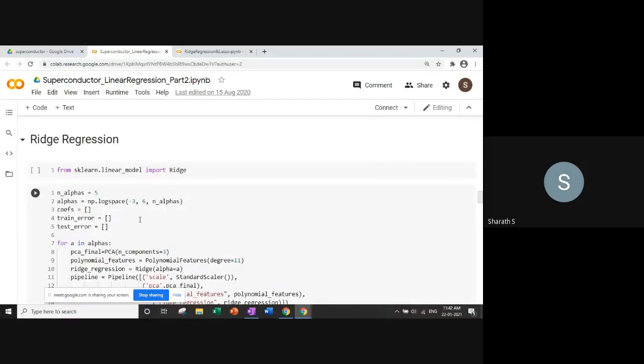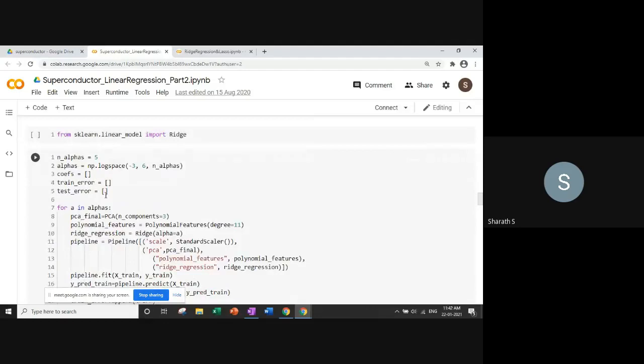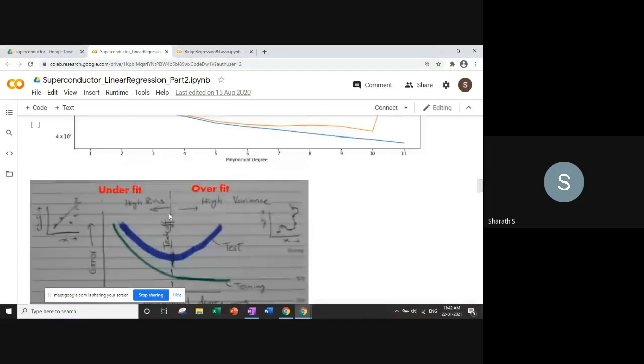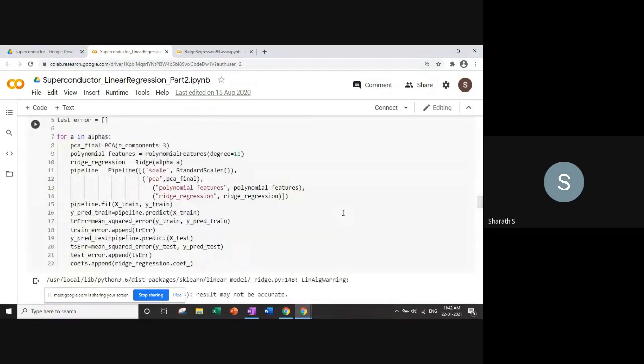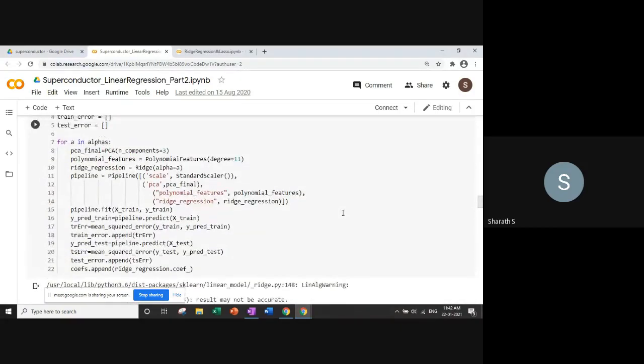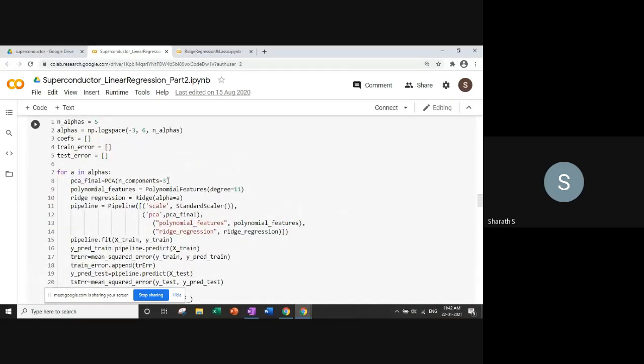If you work with that tunable parameter, you are automatically ensured that your test error is reduced. Even though you have given the polynomial degree of 10, you don't have to worry about it. It's going to constrain the model and give you the right sort of fit.